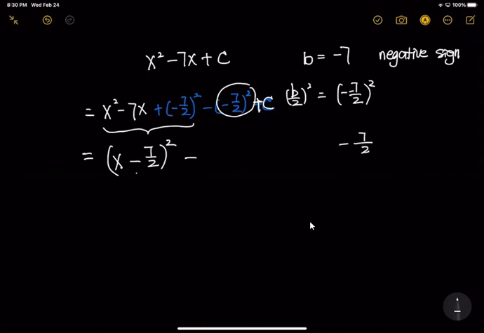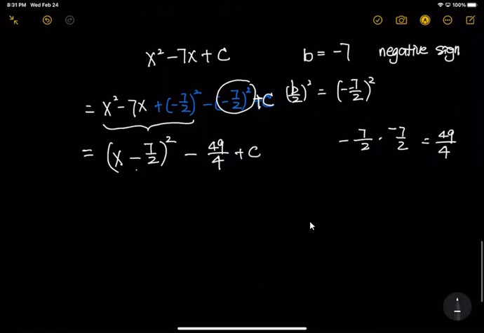You have -7 over 2 times -7 over 2. That is equal to a positive number, right? 7 times 7 is 49, so the numerator is 49. Denominator, 2 times 2 is 4. So it's 49 over 4. Really fast to calculate that. So that is equal to subtract 49 over 4, plus c.